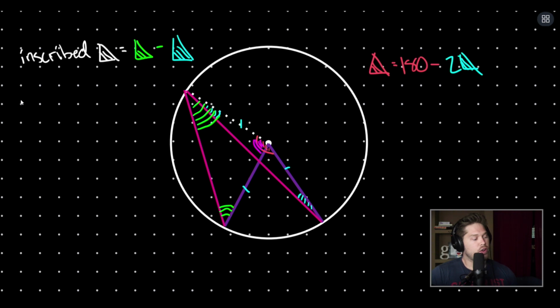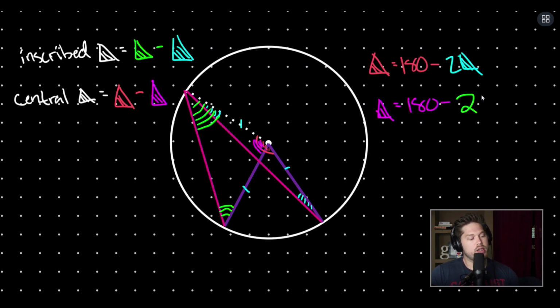So that's to show that my central angle is equal to my red angle minus my purple angle. And my purple angle is, of course, 180 degrees minus my 2 green angles. So if I plug in what my red angle is and what my purple angle is into my central angle, then what will I have?